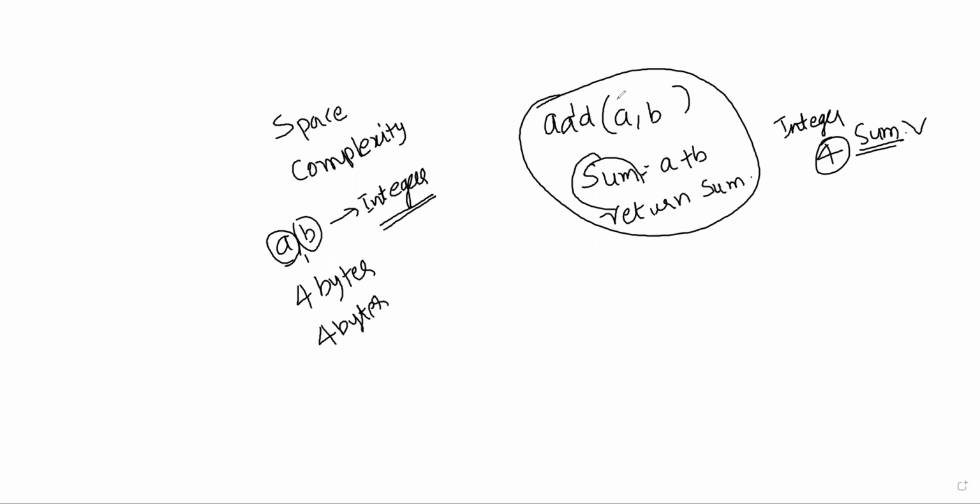You have a, b passed as parameters. You have the variable sum, which is used by this function. Sum is equal to a plus b, so the result will be stored in sum. Sum is going to occupy 4 bytes. So totally, the add function is going to utilize just 4 bytes of memory.